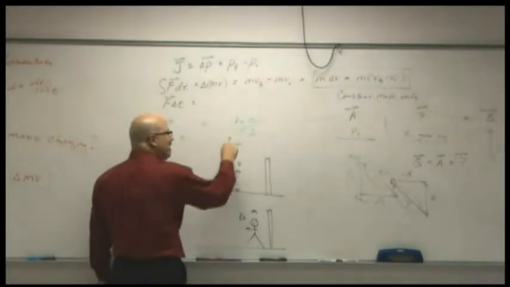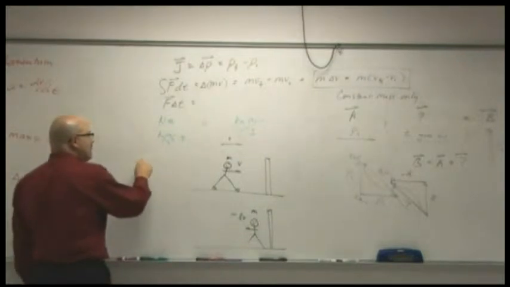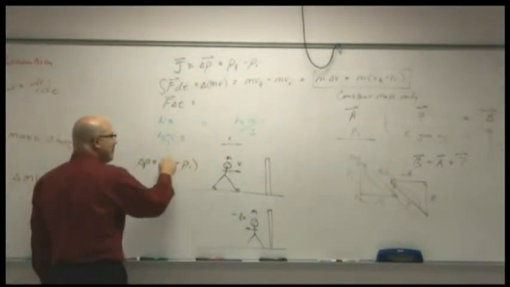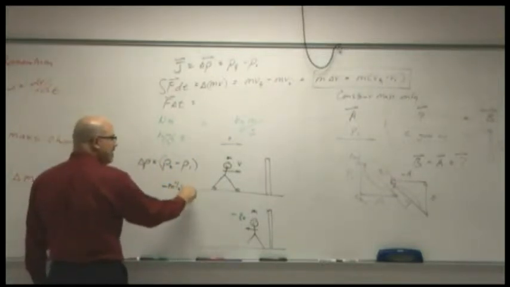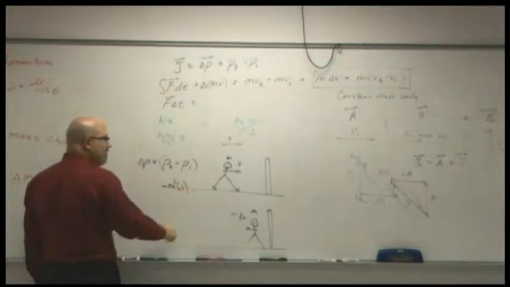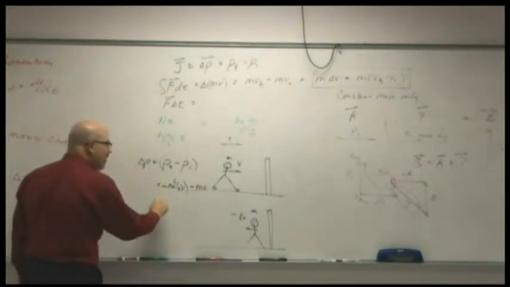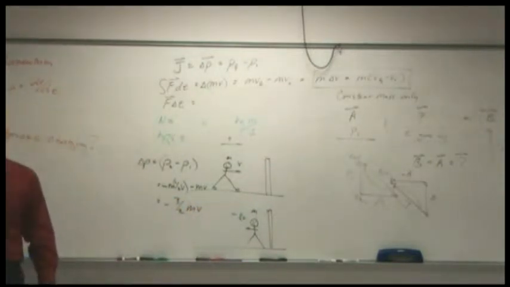If that way is positive, that's negative. So change in momentum equals final minus initial. So that's minus m 1/2 v minus a positive mv, which gives me a total of negative 3/2 mv. That's my change in momentum.